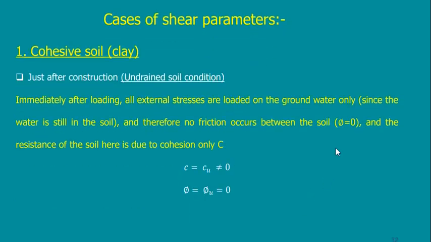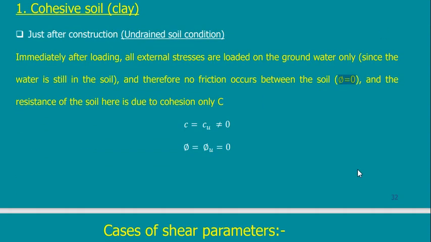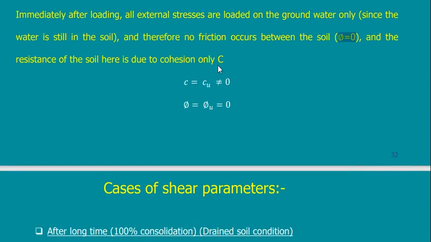So in this case, I have to take phi, which is the frictional angle, equal to 0. Though in reality it is not equal to 0, at this specific time, it will be 0. And the resistance of the soil here is due to cohesion only. So only cohesion will work with me. In this case, I have C equal to something called Cu.